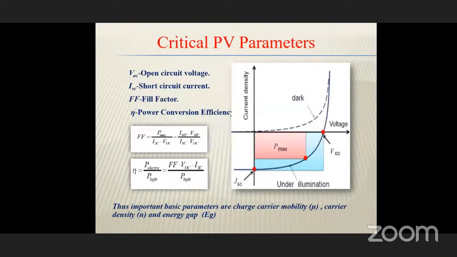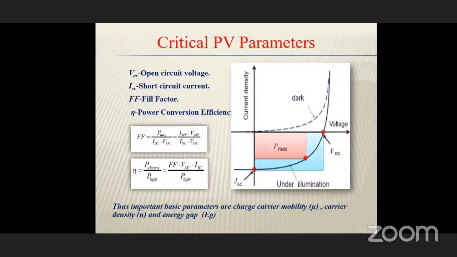Sorry for the interruption. We can see here the ideal JV graph used to determine the PV parameters. Here we can see VOC and JSC, and P maximum defines the fill factor, and the efficiency of the solar cell may be defined as fill factor times VOC times ISC over P light, that is, the input light coming onto the device.